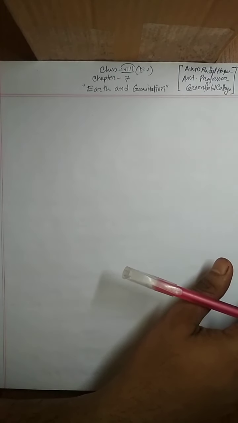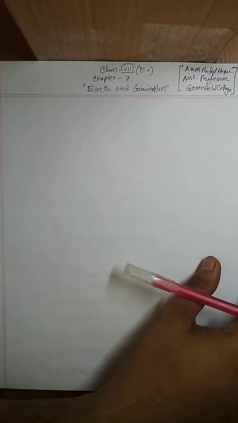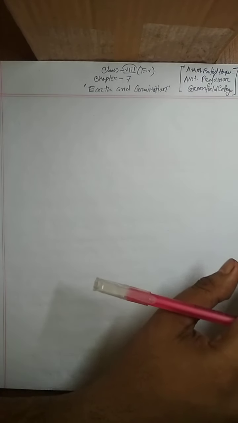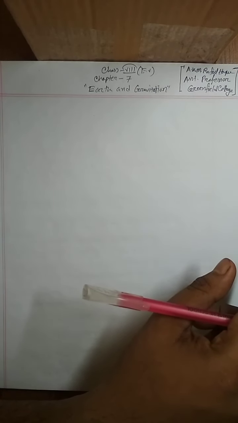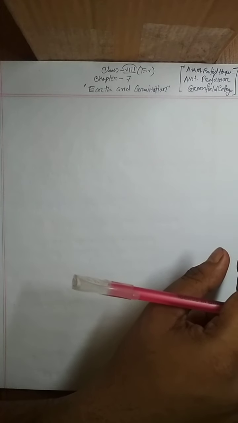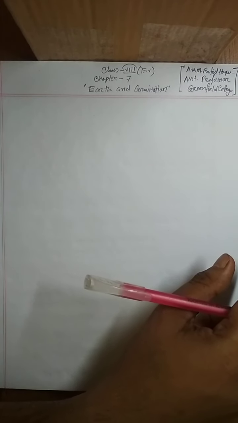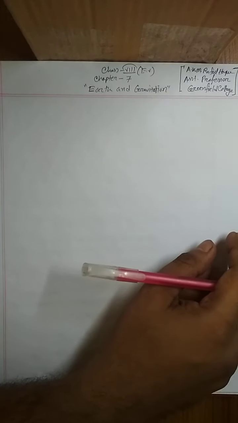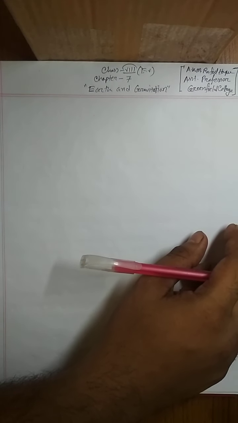Now, if I ask you what is Earth, what will be your reply? Please try to recall it in your mind and then reply to yourself. What would be your reply? Like, Earth is a giant sphere. We live on it.